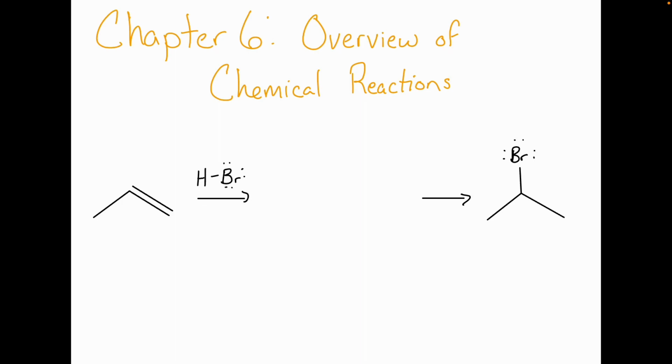The pi electrons are going to reach out and grab that acidic hydrogen, breaking that hydrogen-bromine bond. This creates an intermediate in our reaction, a carbocation.